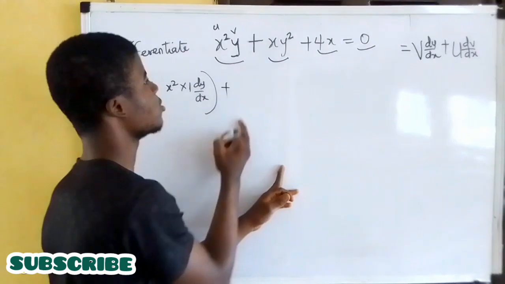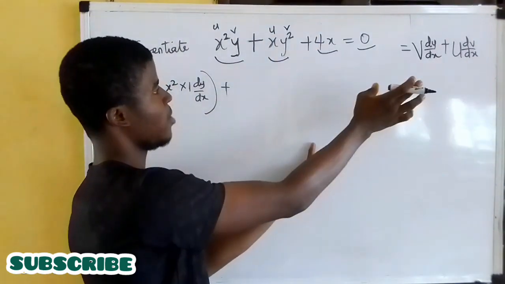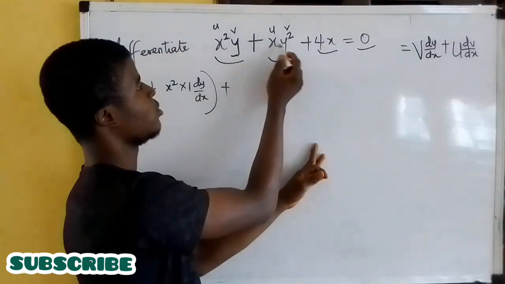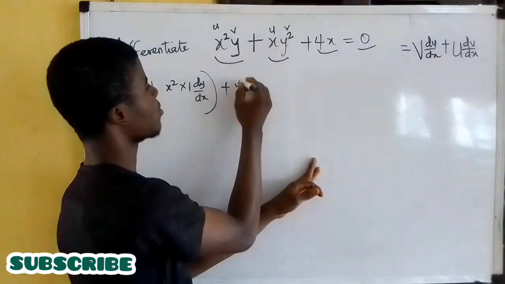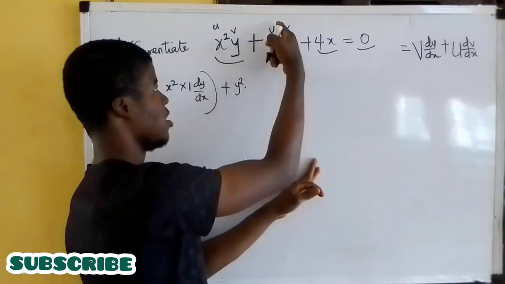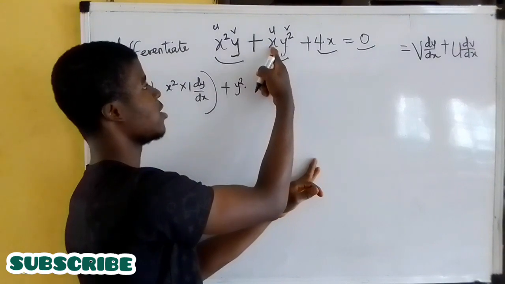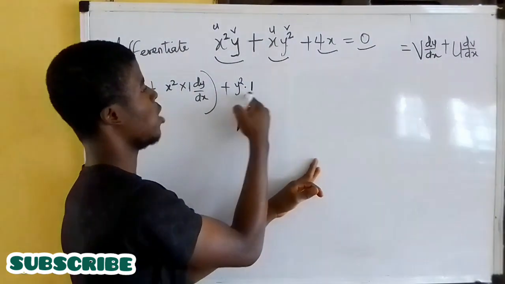Then we'll come here, plus, let's call this u and let's call this v. We apply that same rule because we have a product here. So v is y squared. I will differentiate what? U with respect to x. Differentiate u, which is x, with respect to x, I have 1. That's y squared times 1.